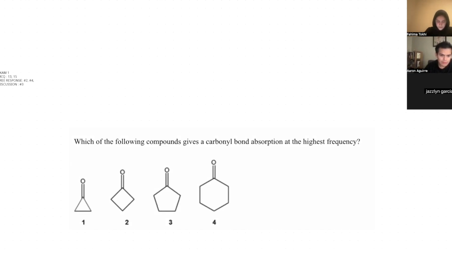Where is it? I wrote up my study notes here. Question 17: which of the following compounds gives a carbonyl bond absorption at the highest frequency? It's from chapter 4. Can you see that, is it in reverse?